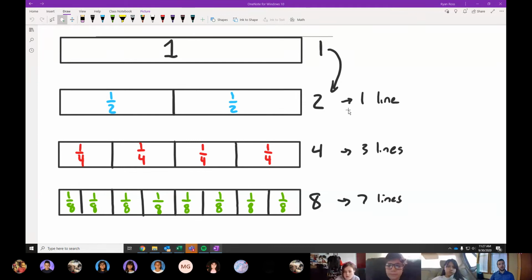Yeah, that's a great way of thinking about when you are going to partition these shapes into their equal sections. Look at how many pieces you need and subtract one, and that's the number of lines that you need to draw. That's a good pattern that we see. Very nice. Any other patterns before I move on to numerator and denominator and making those vocab terms known to you?